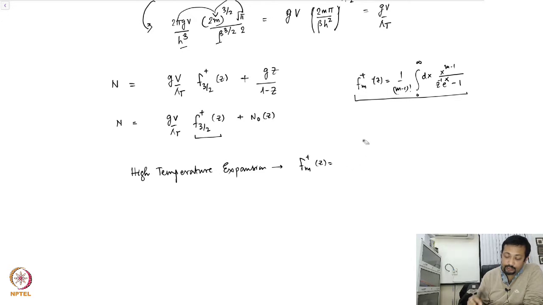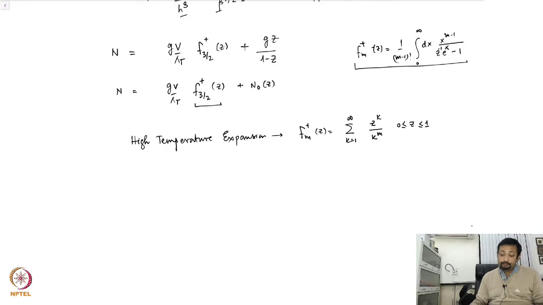This was already taken care of. It was simply the sum over k equal to 1 to infinity of z to the power k over k to the power m, for z greater than or equal to 0, less than or equal to 1.